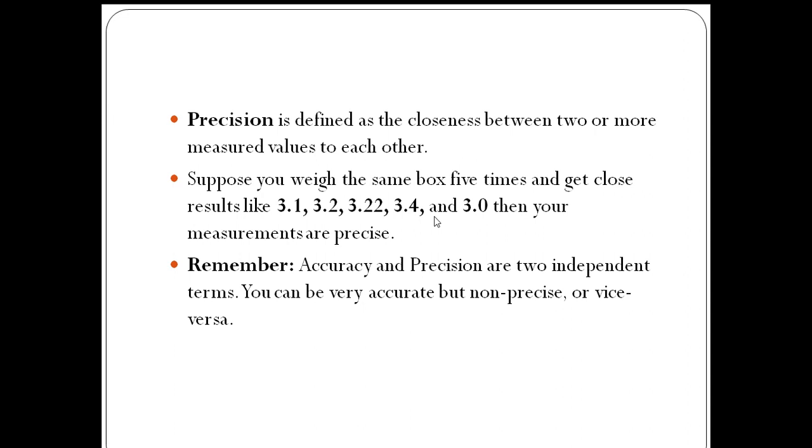Both are not similar, both are different. Accuracy is the closeness of the reading with respect to the true value, and precision is the closeness between two or more measured values. Now, as we discussed, every machine is not accurate. Because of that, definitely there will be a chance of error.